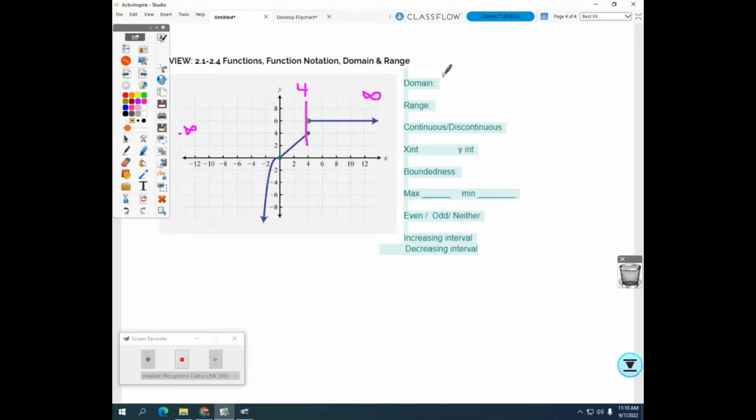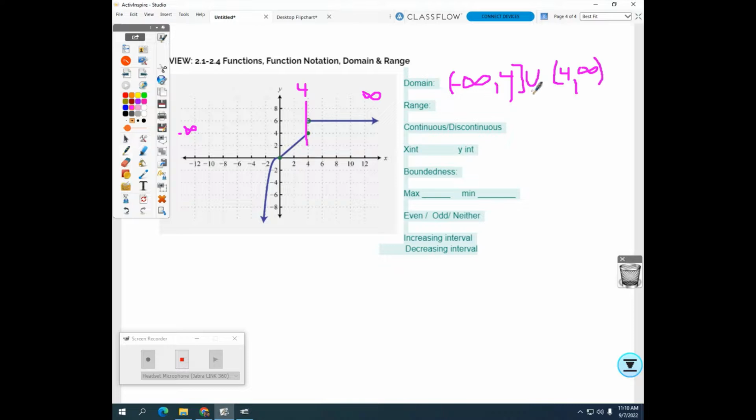So my domain is going to be -infinity up to 4. Now, when I travel the graph, at this 4, it's closed, so it's going to get a bracket, and then make a jump, move on, and then I'm going to pick up at 4, but this time this 4 is open, and I'm going to continue with my graph all the way to infinity.